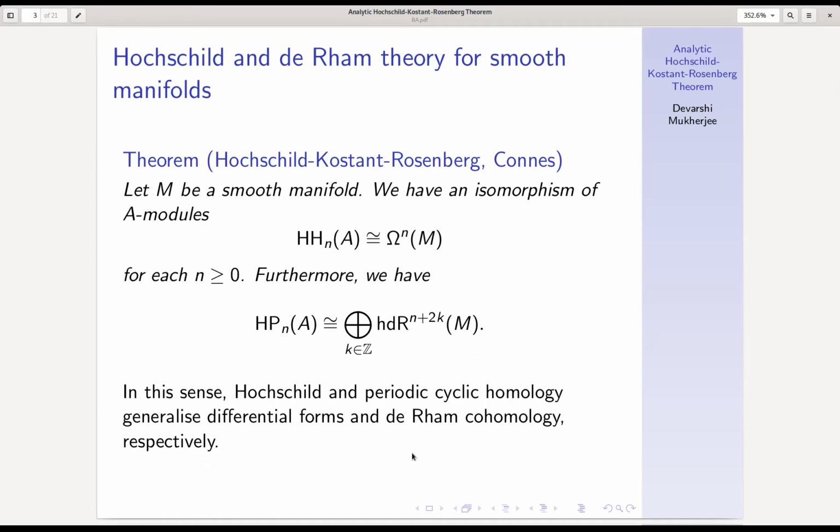Furthermore, you get a statement about periodic cyclic homology. The periodic cyclic homology of smooth functions on a manifold is given by direct sums of de Rham cohomology groups of the manifold. In this sense, periodic cyclic homology generalizes de Rham cohomology and Hochschild homology generalizes differential forms. That's what I know as the classical Hochschild–Kostant–Rosenberg theorem.